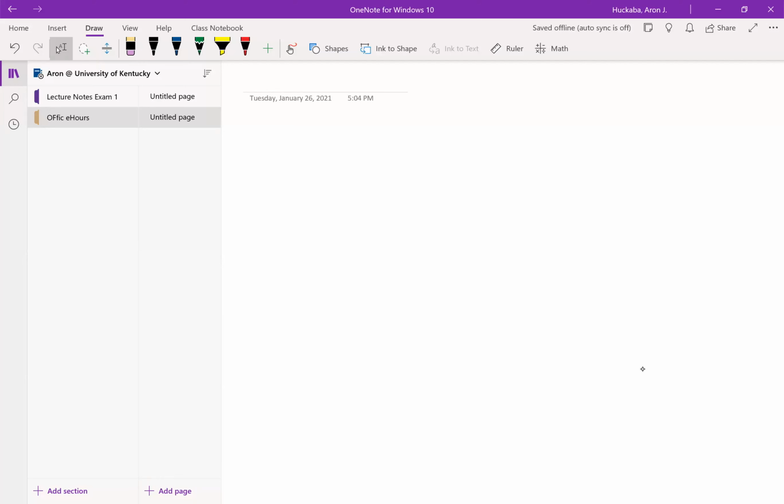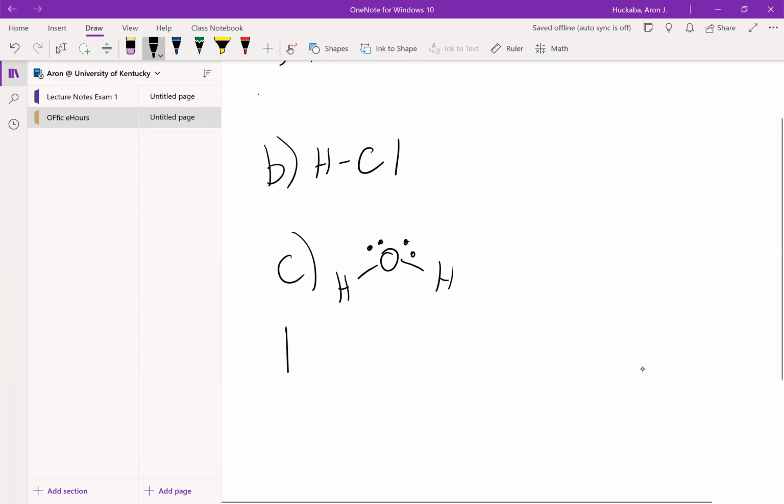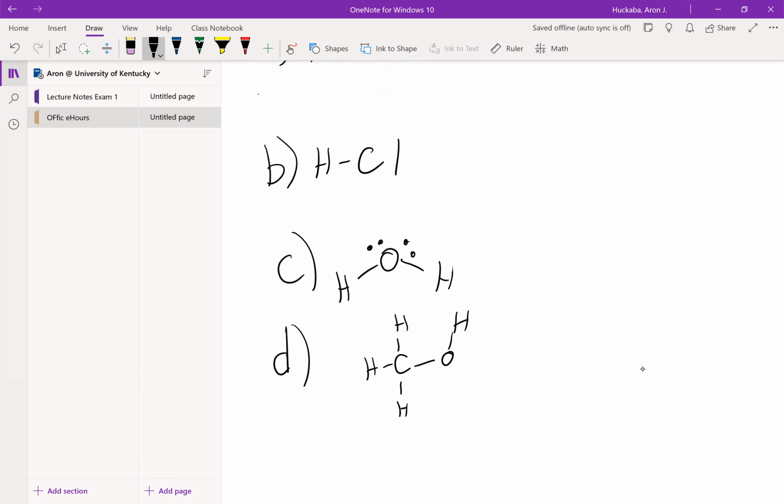So 1.37 says A, we have HBr, B, HCl, C, H2O, and D, CH4O, which has this formula.